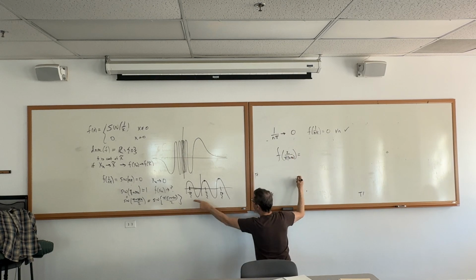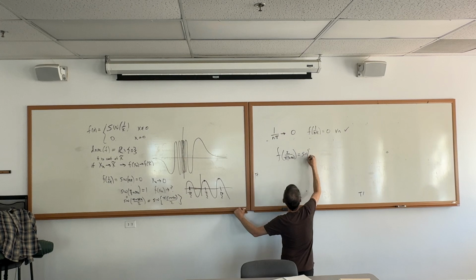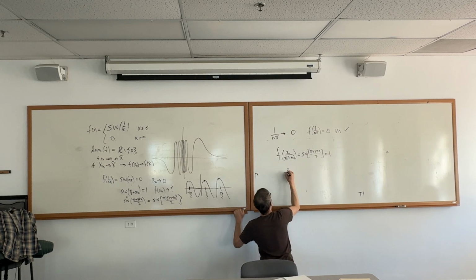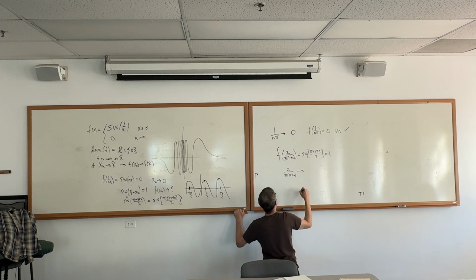Then I'm going to get out sine of the reciprocal. And I know that that's always 1. But 2 over pi, 1 plus 4n, where does that converge to? It goes to 0.